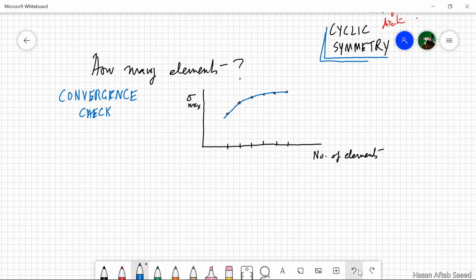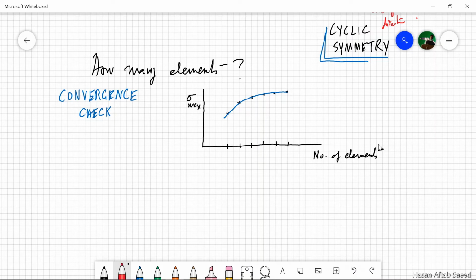After this, as you keep on increasing the number of elements, you'll get a more accurate solution, yes, but at what cost? It won't be worth the trouble. Now you have achieved a reasonable degree of accuracy, and this is the time to stop. Beyond this, for a very small increase of accuracy, you'll need a lot of computational resources, and that is not advisable. So this is what is called convergence check.